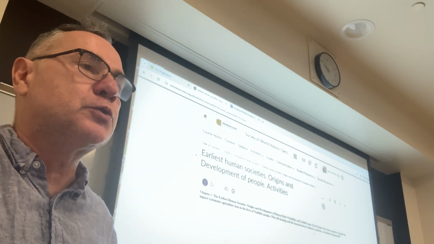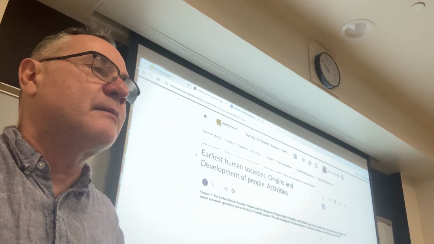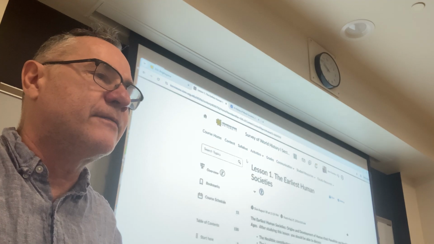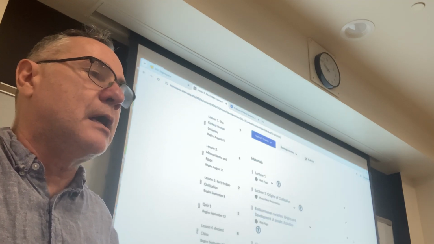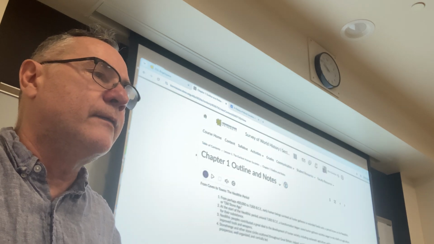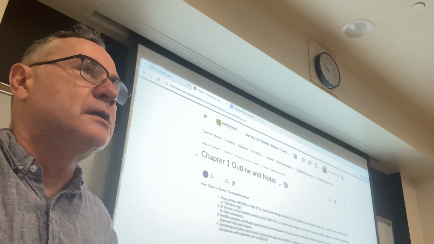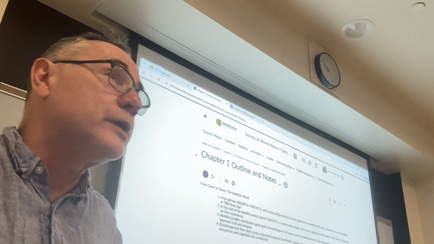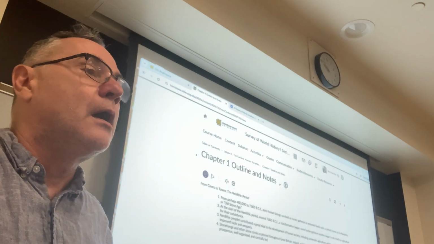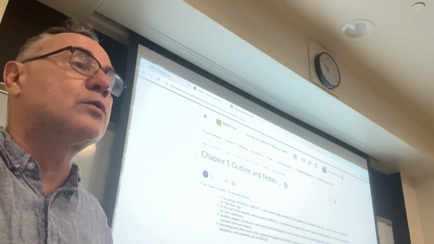That's what you need to keep in mind and look for in the chapter. Then you have the chapter outline right here. That helps you read the textbook, because textbooks are sometimes written in a way that is hard to follow, and the outline will help you navigate the textbook.